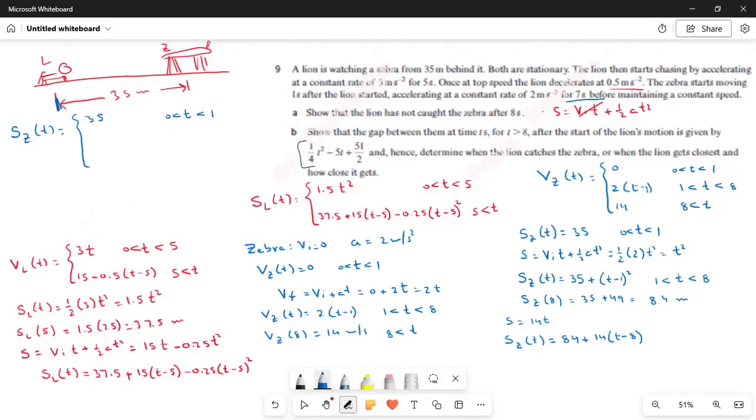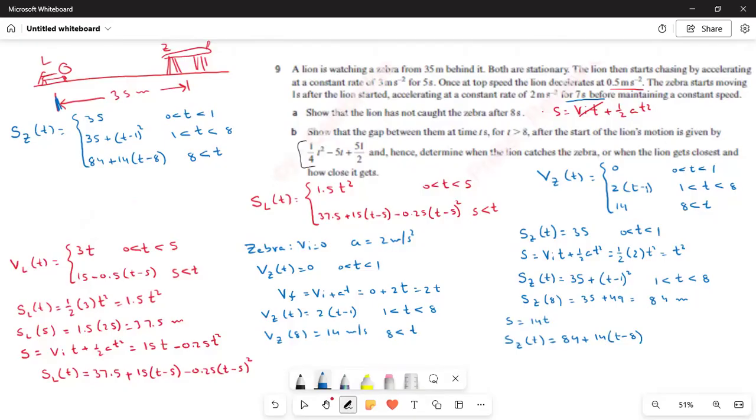Then it was 35 plus (t minus 1) square when time is from 1 second to 8 seconds. And finally it became 84 plus 14 times (t minus 8) when t is more than 8 seconds.